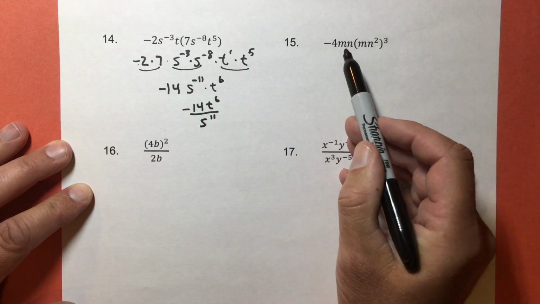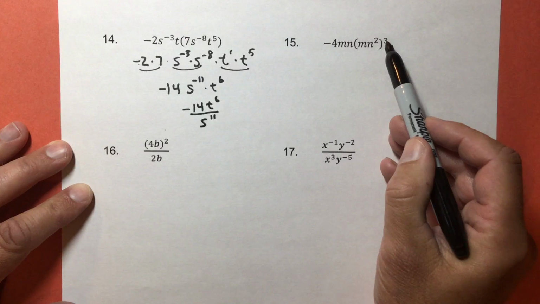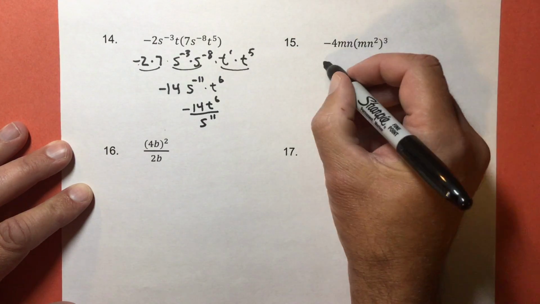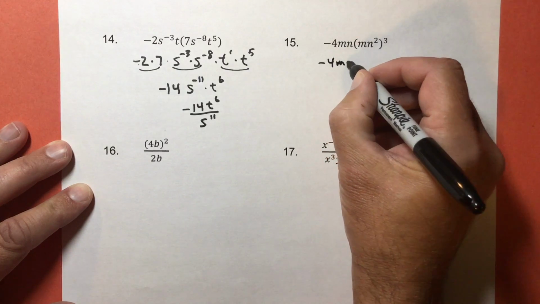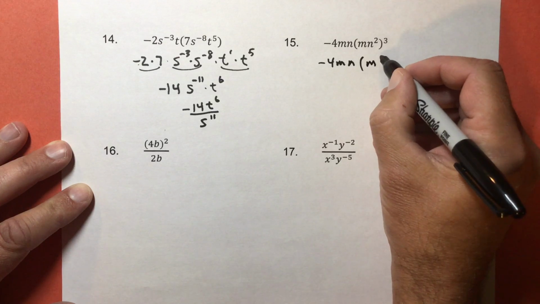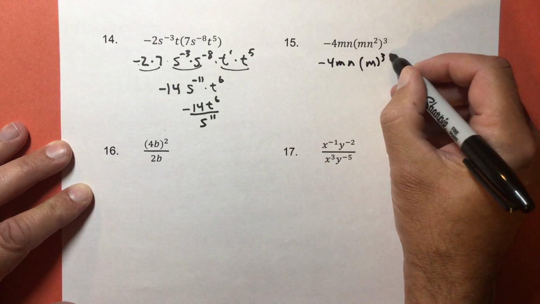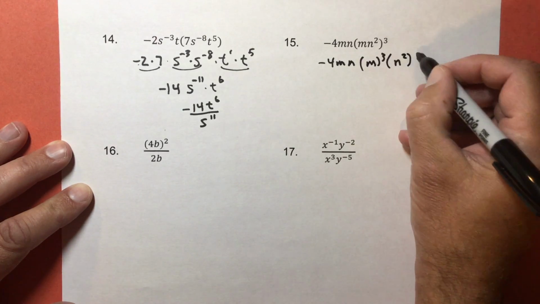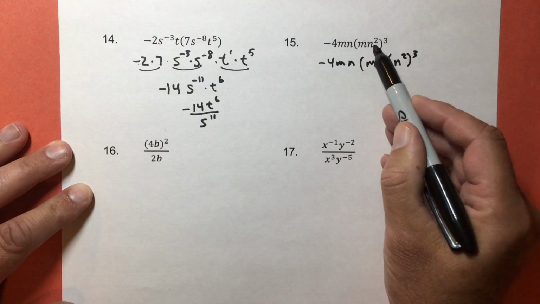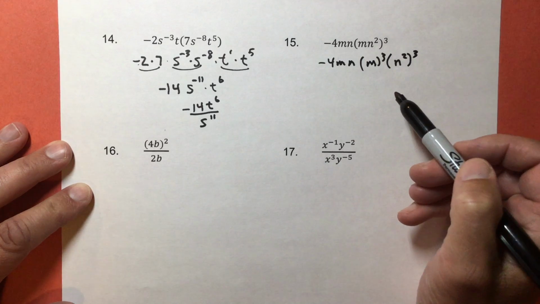Problem number 15 looks a lot like that one, except I've got that exponent, so I got to deal with that first. So the negative 4mn, I'm going to leave that alone for right now. This is m to the third power times n to the second power, all to the third power. So that exponent 3 gets shared with the m and the n squared.